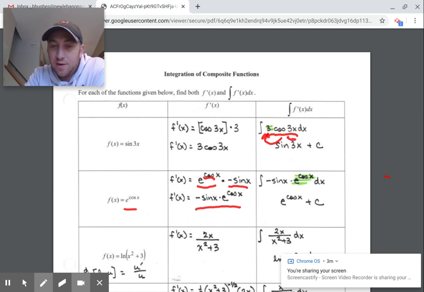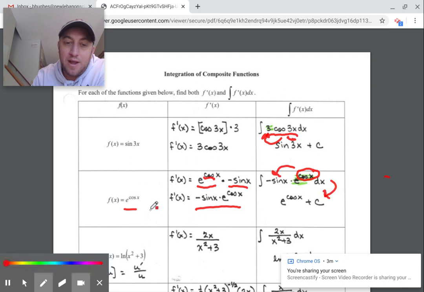So it says the integral of negative sine of x times e to the cosine of x. So I know here's cosine of x, the inner part of that function. The derivative of that is showing up next to it. That's the chain rule, working backwards. So I know if I took the antiderivative of this, I should get that.